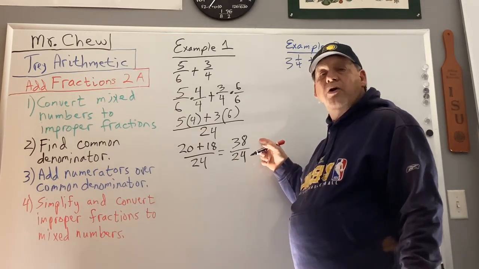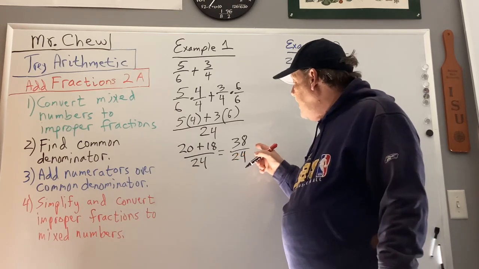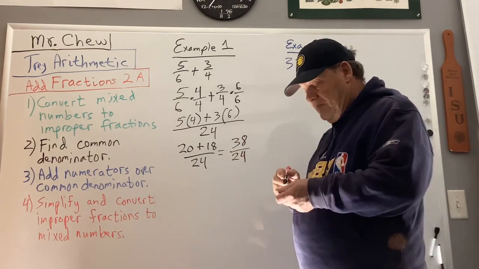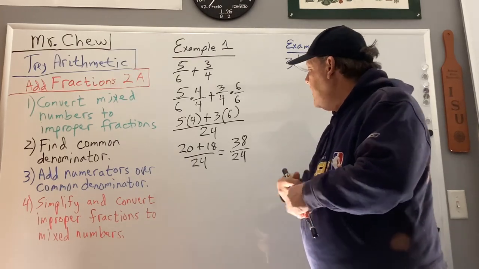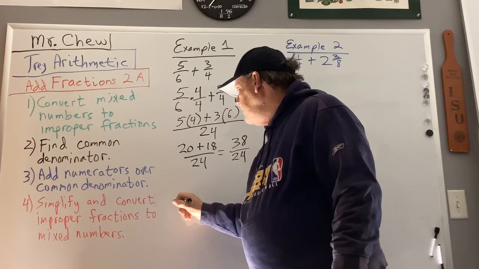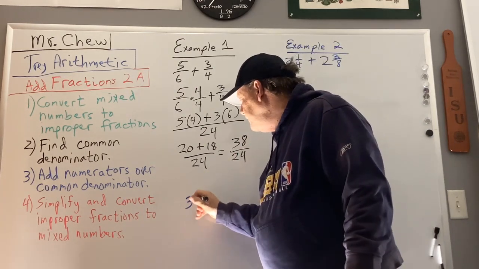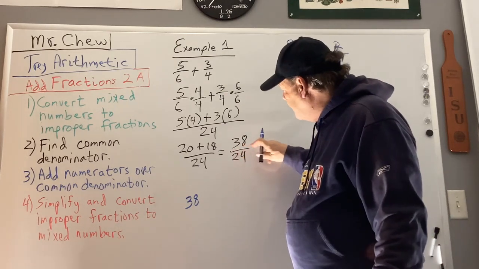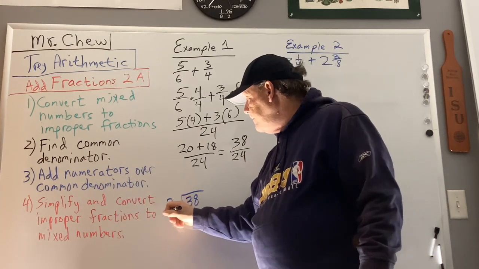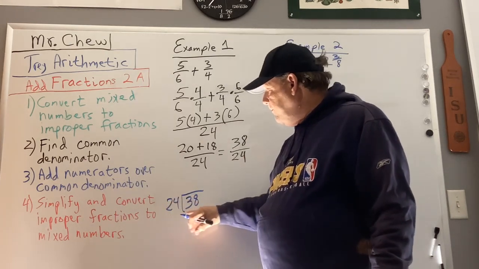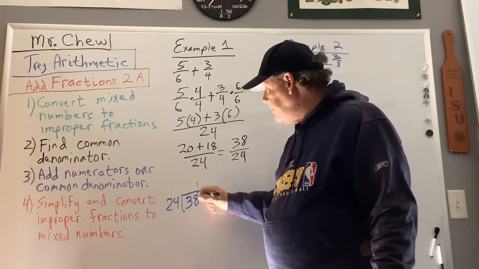Anytime the numerator is larger than the denominator, it's called an improper fraction. And we have to convert this to a mixed number. When you do that, you write the 38 down. And this bar in the fraction means divide it by the 24. 24 will not divide into 3, but it will divide into 38 one time.